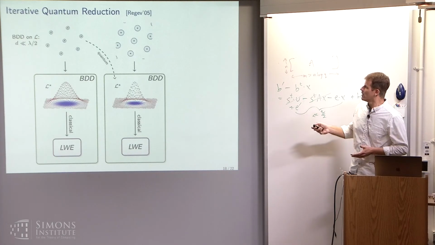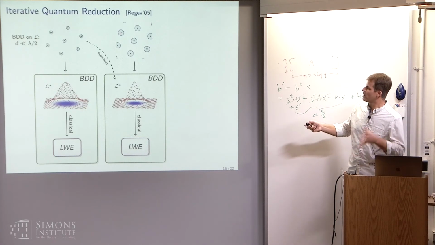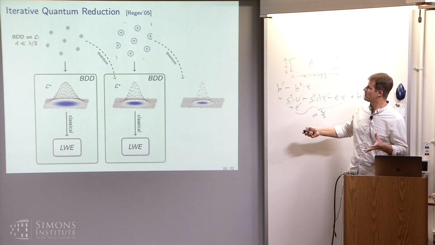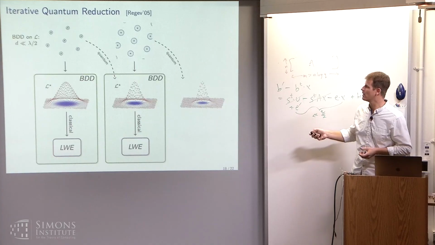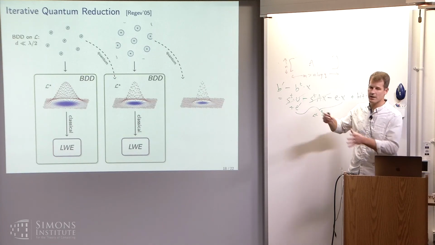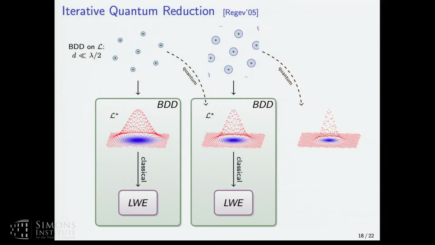Being able to solve BDD to this larger radius lets me generate even narrower discrete Gaussian samples in a quantum way, and that lets me solve BDD to an even larger radius up top. I can just go back and forth iterating this. Eventually it stops working, when these samples get so narrow that they actually suffice to solve SIVP and gap SVP.